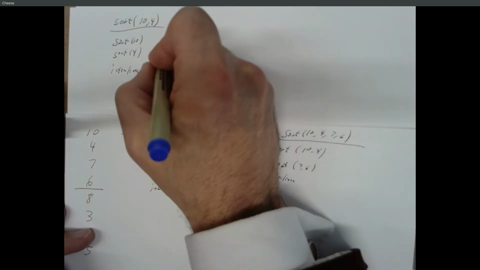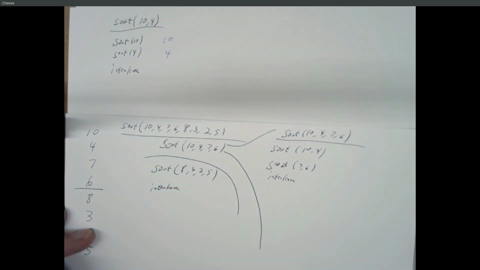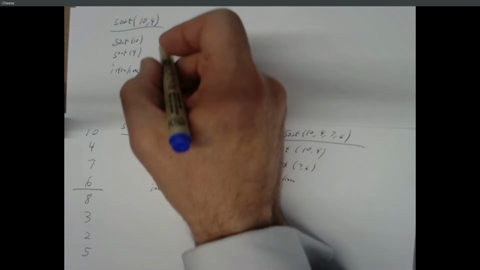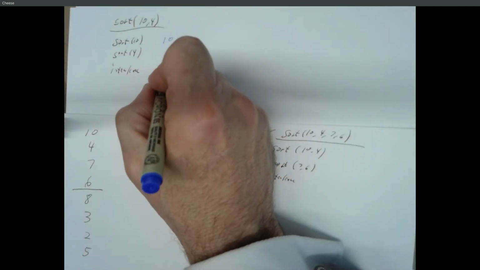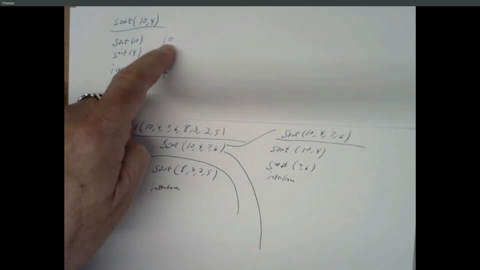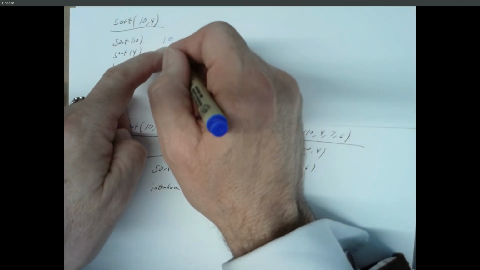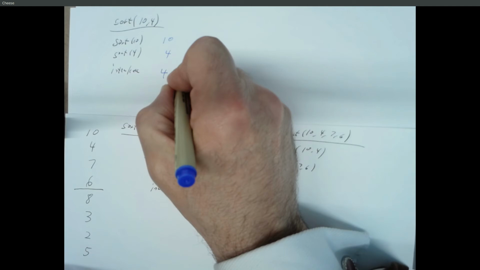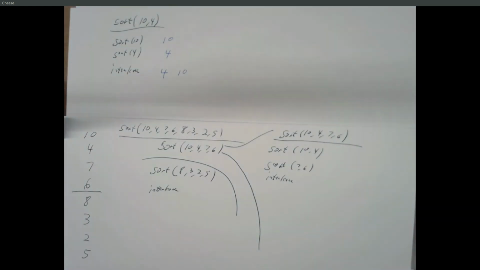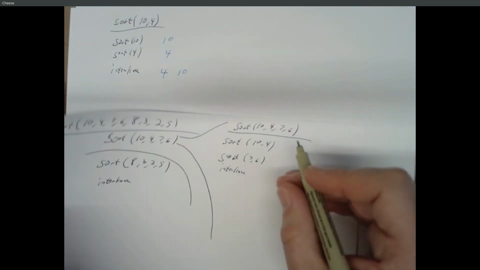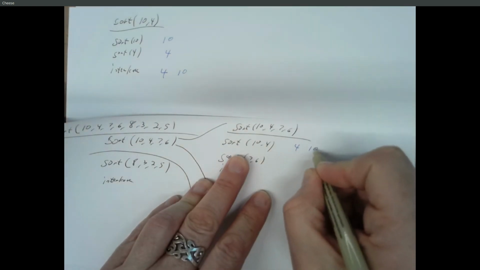The result of sorting 4 is just going to be the number 4. And now we're going to take these 2 arrays and do that interleaving thing that I did with the cards, which says I'm going to take the smallest of these and put that in the output first. And then I'm going to take the next smallest of either the 10 or nothing, which is just a 10. I'm going to put that in second. And then I'm going to return. So the call to sort 10, 4 is going to return an array of 2 numbers, 4, 10.